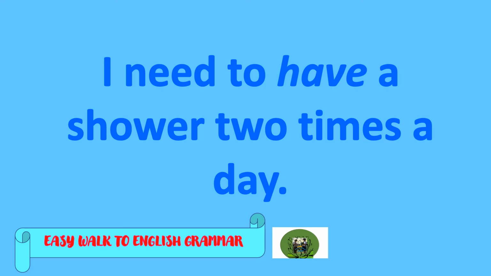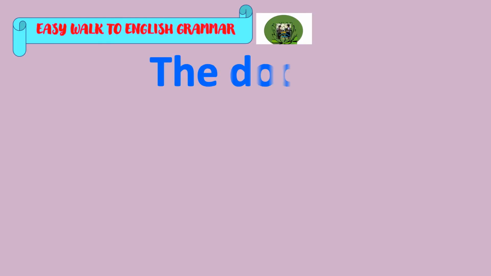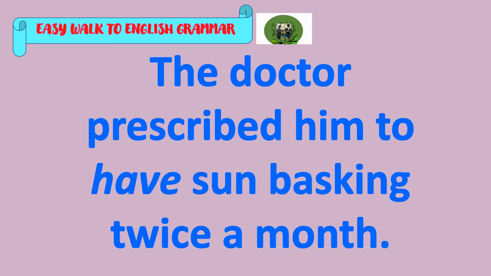Another example is The doctor prescribed him to have sunbasking twice a month. Sunbasking means to get exposed to sunlight in order to cure some skin disease or to get vitamin D for our body, the health of our body. And here also, if you closely observe the sentence, we can see have as the main verb, and the sentence is of course related to something of a hygienic routine.